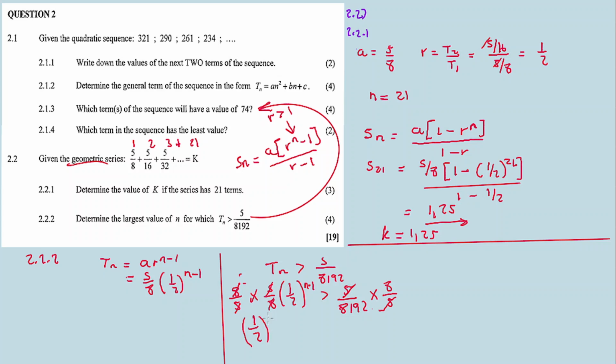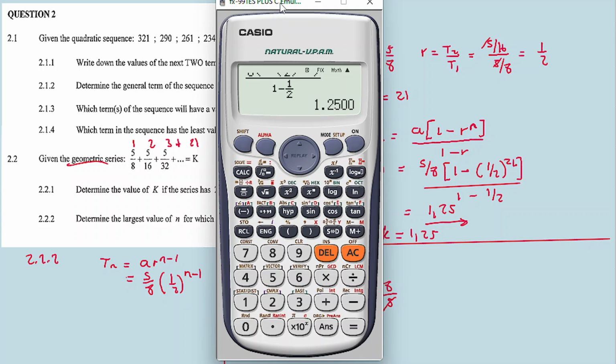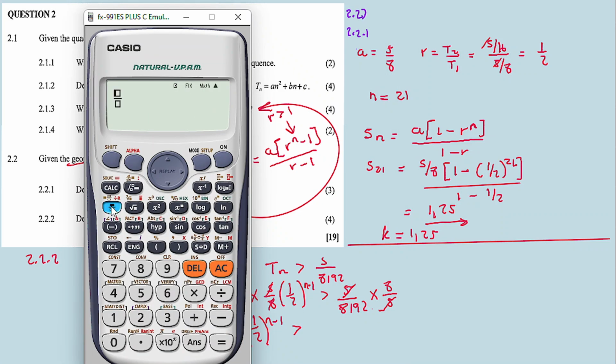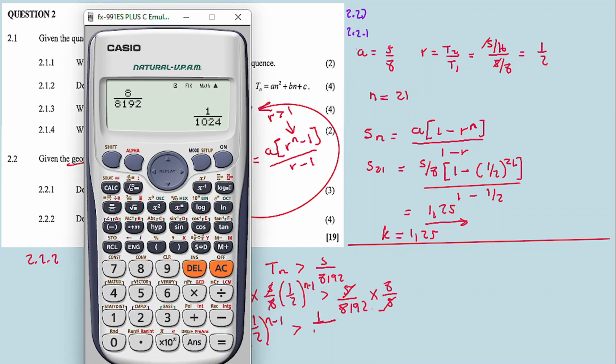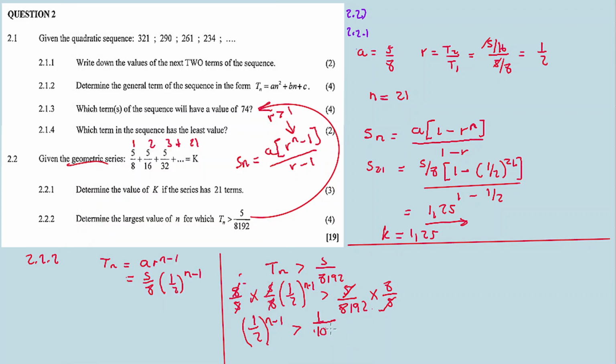Greater than. So for this one, the 5 cancels, and we have 8, which is the numerator, divided by 8192. This is equal to 1 over 1024.